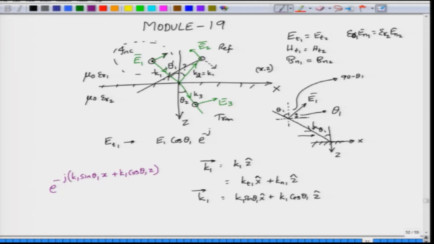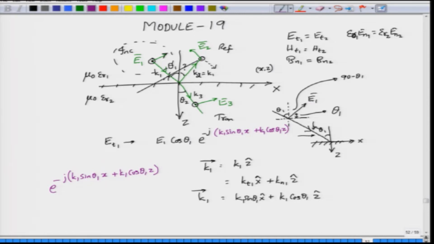This would be the phase factor that should be appended to the amplitude. So, this e power minus j k1 sin theta 1 x plus k1 cos theta 1 z should accompany the tangential component that we have for electric field E1.